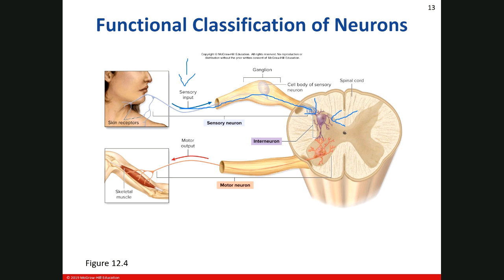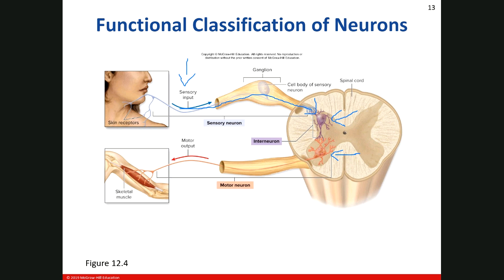That's an interneuron. That interneuron can then either inhibit the motor neuron, which is this neuron here, or it can stimulate it. It receives that information, processes it, and then determines whether it wants to stimulate this motor neuron to do something, either to a skeletal muscle, smooth muscle, cardiac muscle, or gland.